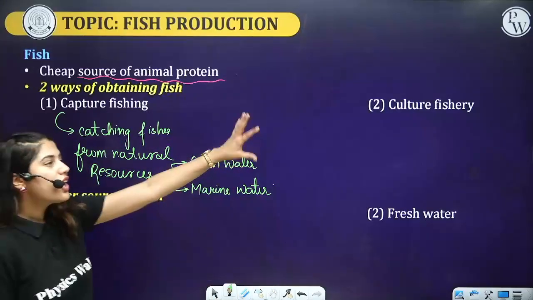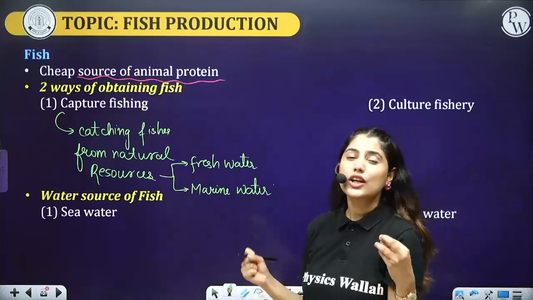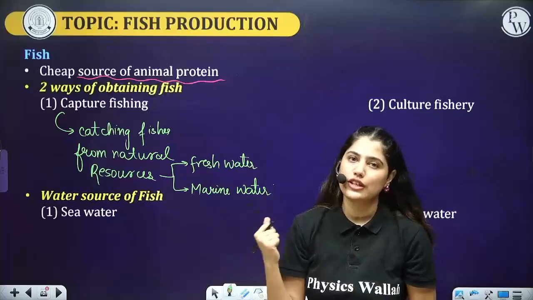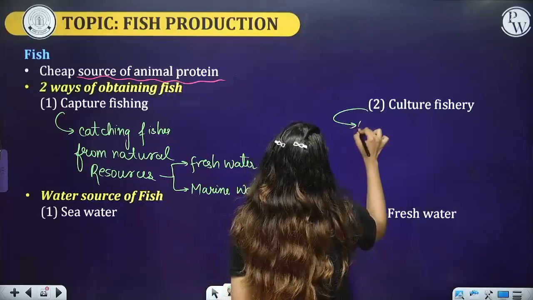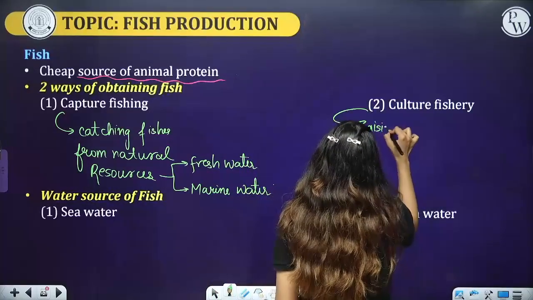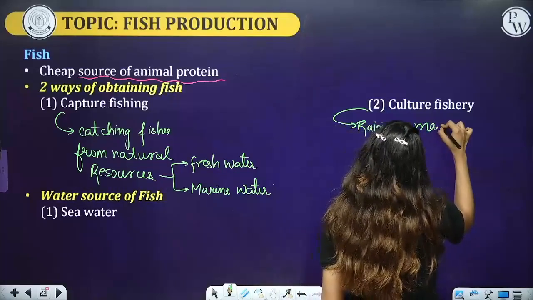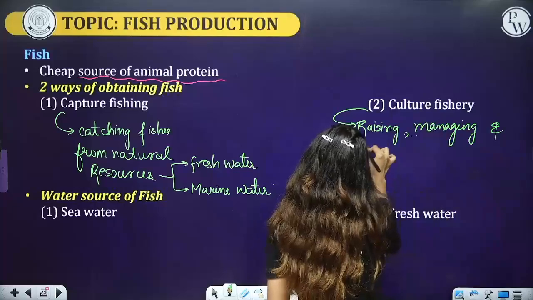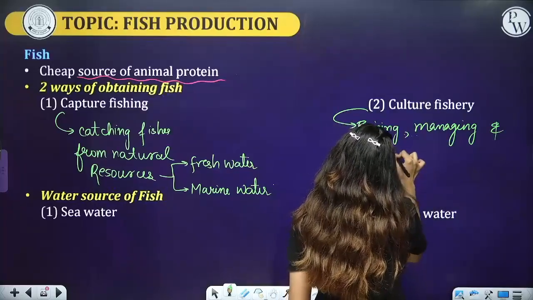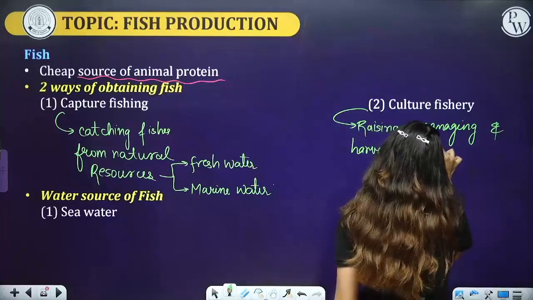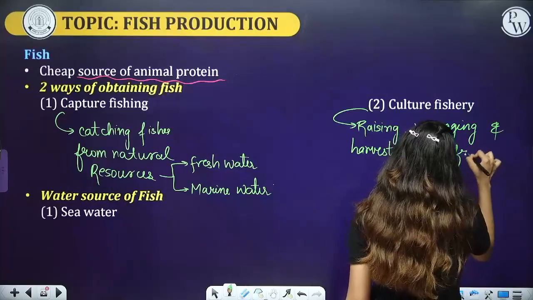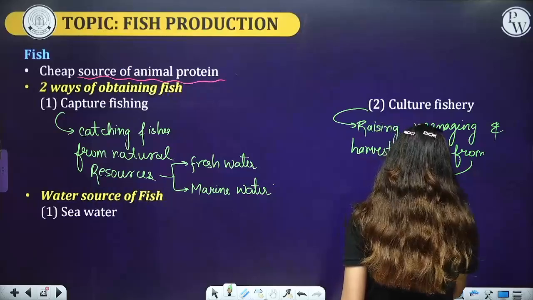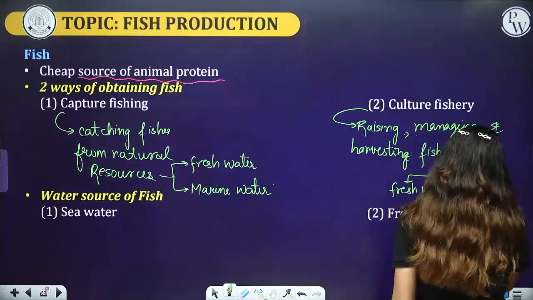Now, culture fishery: we are growing them, raising them, managing them, and then catching them, that is, harvesting them. Again, from what sources? From fresh water as well as marine water.